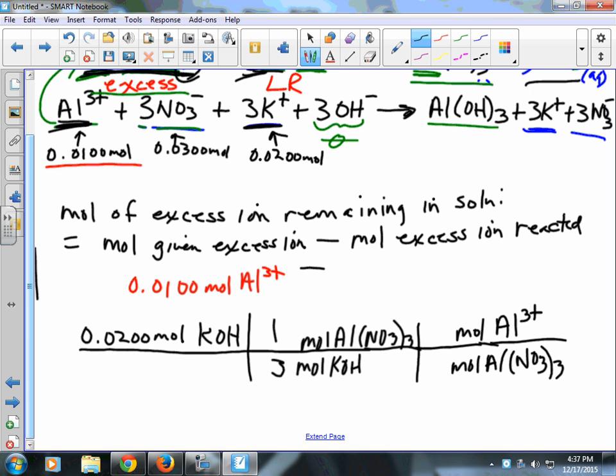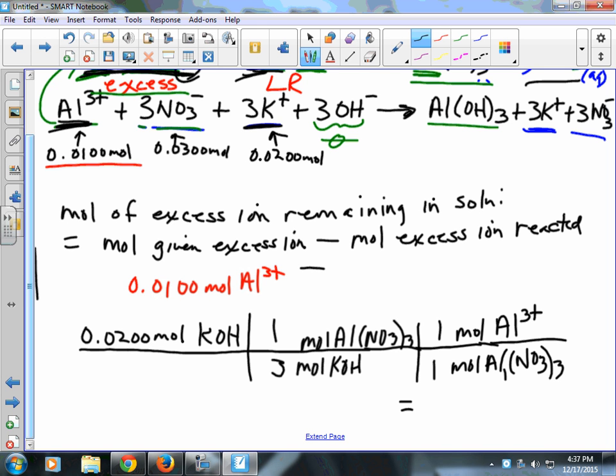This is composition stoichiometry. For every 1 mole of Al(NO3)3, how many moles of aluminum are in there? 1. You see the subscript right there is 1, and that means 1 mole of aluminum ion.